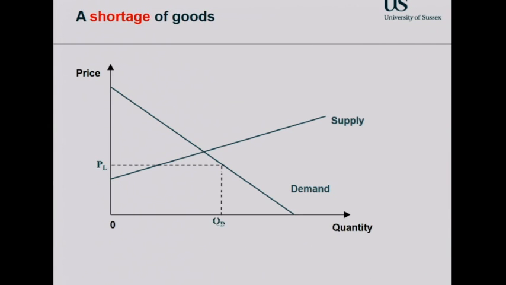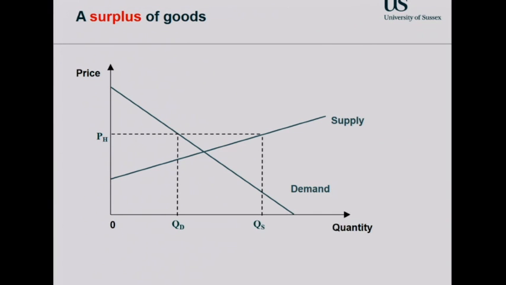Or the same way, you could have a surplus in the market, which would also be eliminated. So suppose the price was here. At that price, consumers would demand no more than that. Suppliers are prepared to sell a bigger quantity at that price. But they can't find anybody to buy it. There's a surplus on the market.